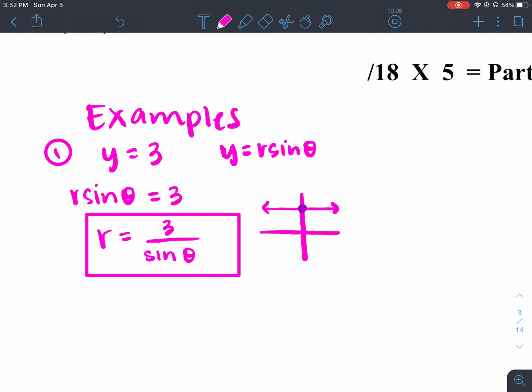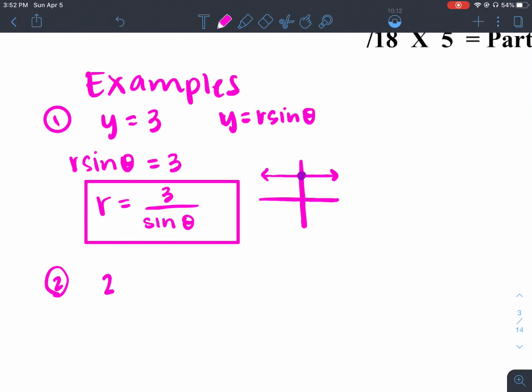Example number 2, we're going to start with another line. This line is 2x minus y minus 3 equals 0. If I were to sketch this line right here, it is going to go through the point down at -3, and we have a slope of 2. So it looks something like this.